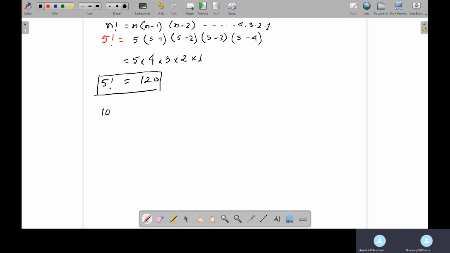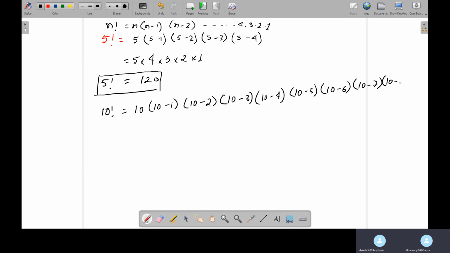Similarly, if I tell you find 10 factorial, so 10 factorial means 10, 10 minus 1, 10 minus 2, 10 minus 3, 10 minus 4, 10 minus 5, 10 minus 6, 10 minus 7, 10 minus 8, 10 minus 9, because 10 minus 9 is giving 1. So I stop there. So ultimately 10 times 9 times 8 times 7 times 6 times 5, 4, 3, 2, 1.